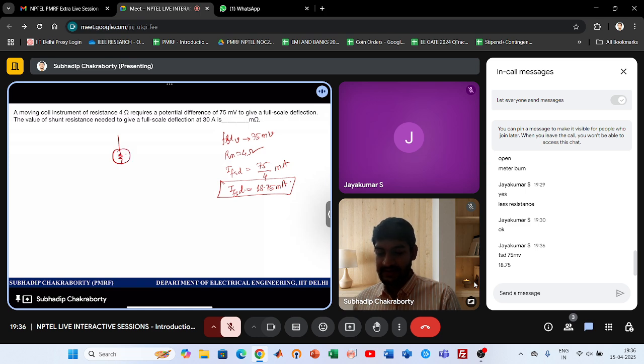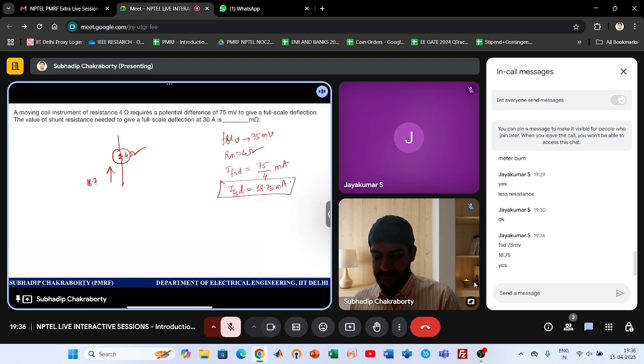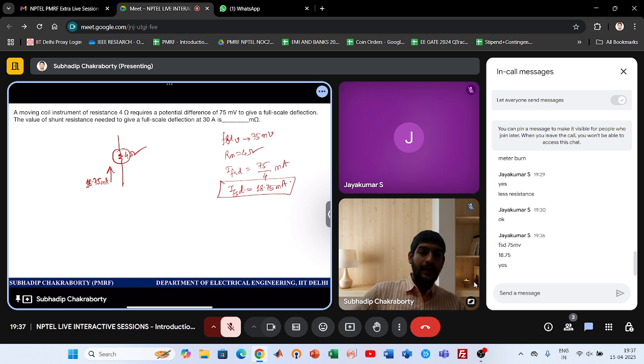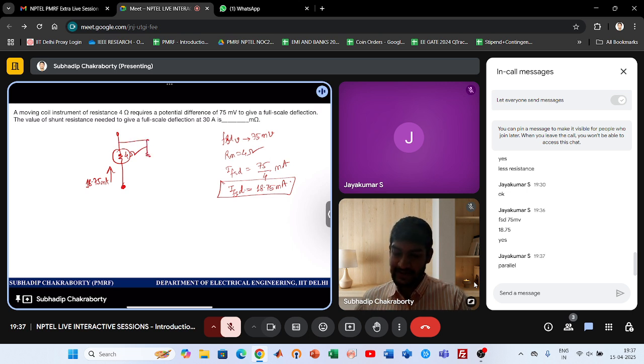So this is the meter which is having 4 ohm resistance, and this is the 18.75 milliampere. I told you the meter has lower resistance. Now I want to use it as an ammeter, right? How to use this as an ammeter to measure 30 ampere? So a very high current it wants to measure.